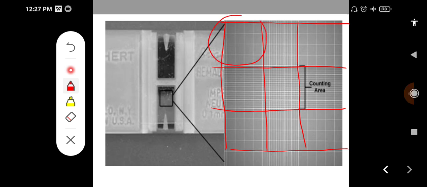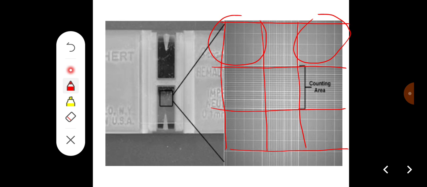These are called corner squares, and you have the central or middle square. The corner squares are utilized for the counting of WBCs, and the central square is utilized for the counting of RBCs, which is usually done in the physiology lab.